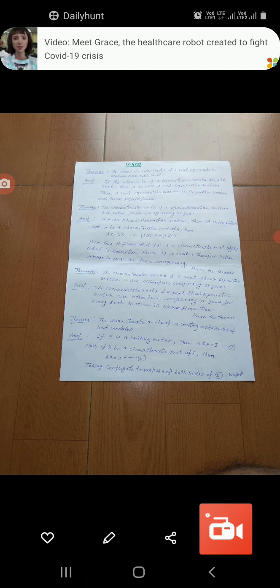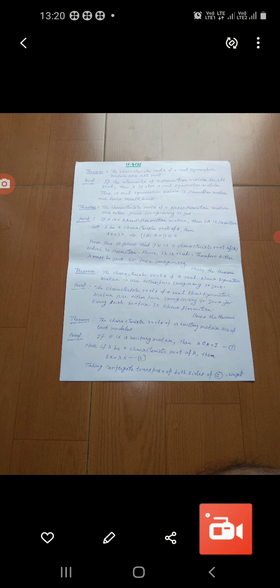Therefore either lambda must be 0 or pure imaginary, and this is the property of the theorem as we discussed at the start of the lecture.